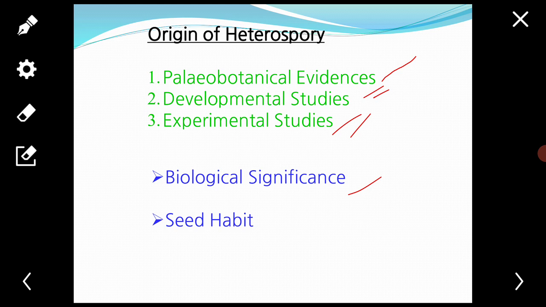Next, that is the biological significance. The heterospory is of great biological significance on the following facts. One is the development of the female gametophyte starts while the megaspore is still inside the megasporangium. Second, same is true of microspores, that is, they start germinating into male gametophytes while they are still inside the microsporangium.